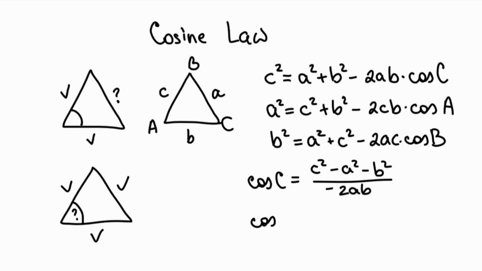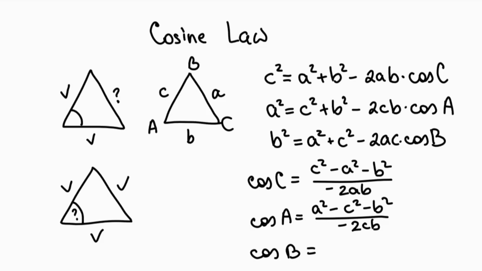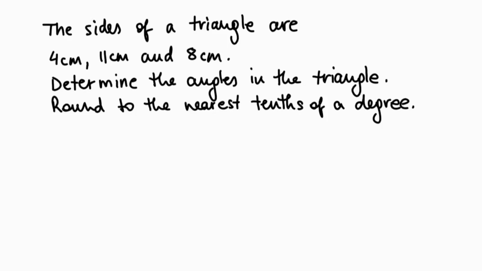Then if I wanted to find cos A, it would be a squared minus c squared minus b squared over negative 2cb or bc, and then cos B is equal to b squared minus a squared minus c squared over negative 2ac. Let's see how we can apply the cosine law to a problem.